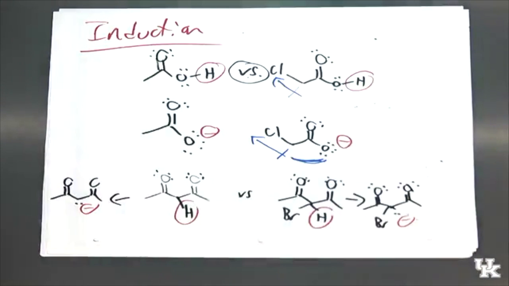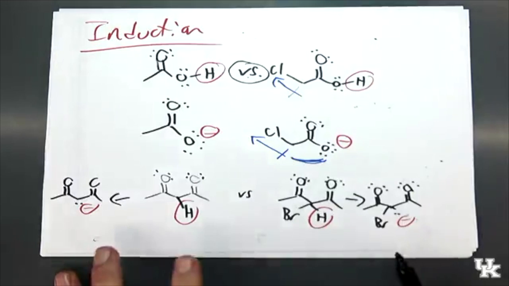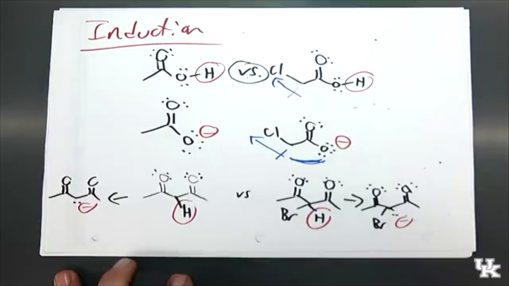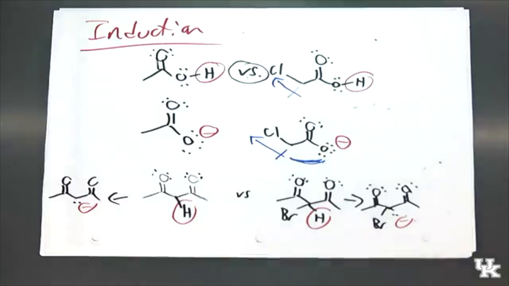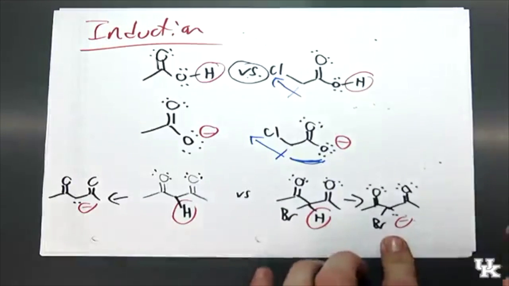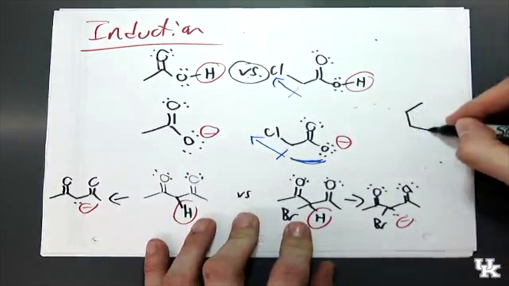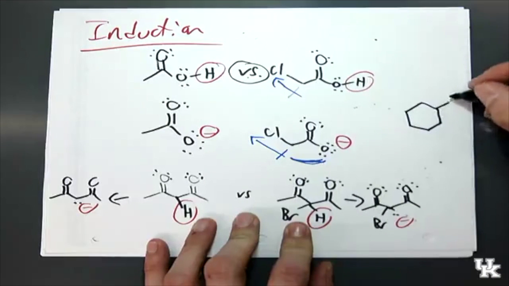Is there a dipole that would separate one from the other? Hopefully you can see that. A good rule of thumb is there will be something to cause a dipole near the conjugate base somehow. It might not be this explicit. It might be something that's a little weirder.